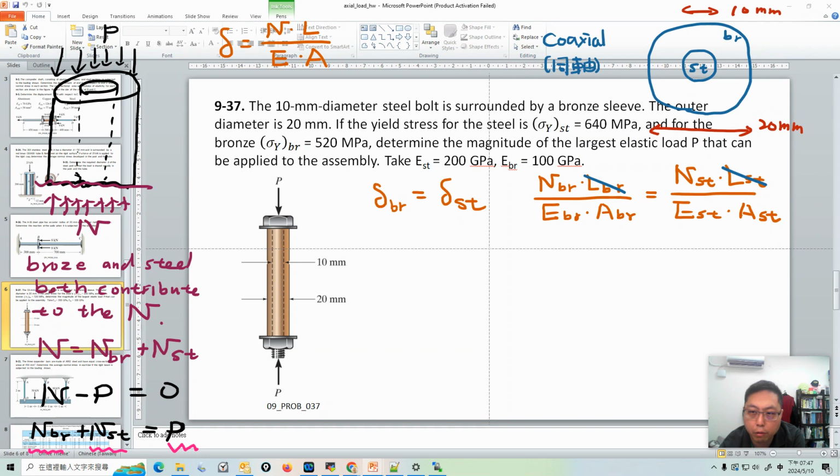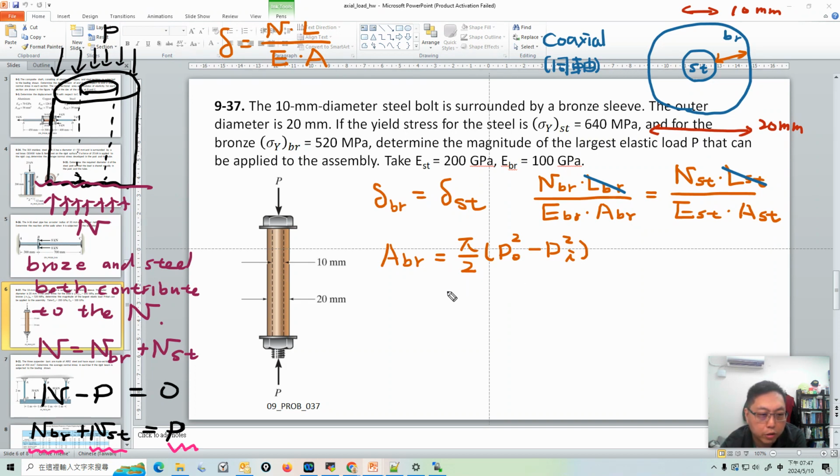We can calculate some parameters first. So A_BR: be careful, because only this region is BR, so you need to use the circular formula. So you have D_O squared minus D_I squared. Don't forget how to calculate area for a circular shape.